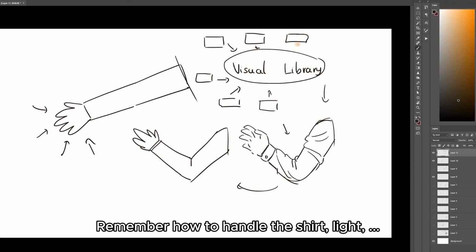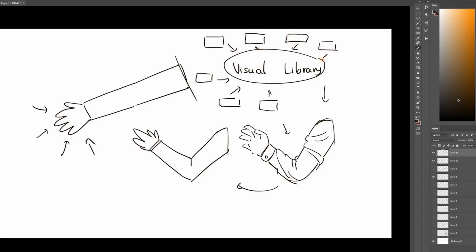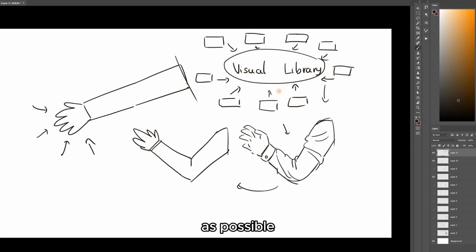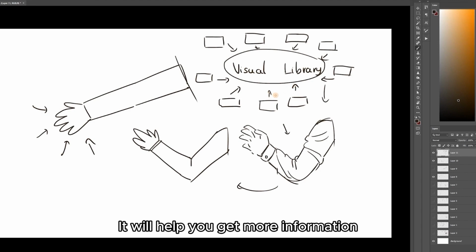Remember how to handle the shirt light. Watch and analyze it to remember as much knowledge of a painting by another famous artist as possible. It will help you get more information and more images.